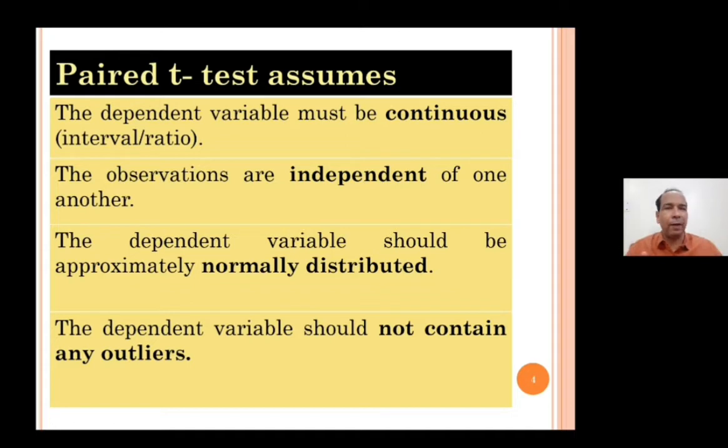Then we compare these 2 values, the one prior to giving that dose, and the other post giving that dose. So the dependent variable here is the health indicator value.